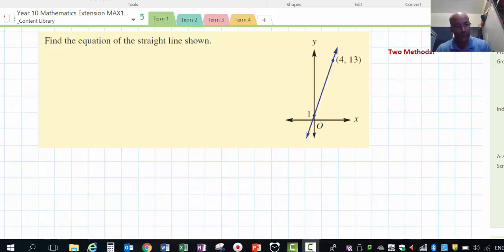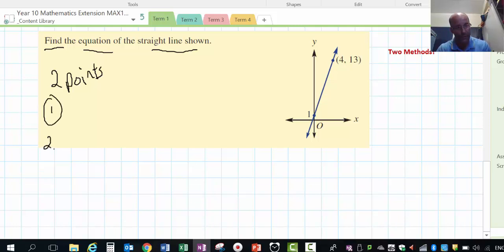For those two methods to make sense, I'm going to show you an example, and it says find the equation of the straight line shown. Well, what information do we have? We have 2 points, and we need to name them point 1 and point 2. I'm going to call this one point 1. It doesn't matter which one's which.